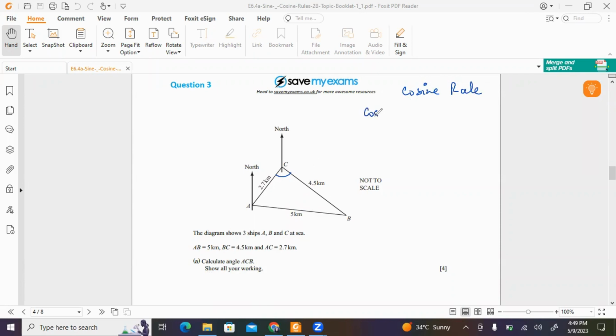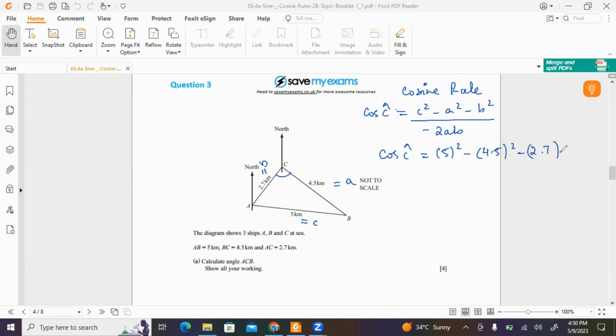we'll do cos C equals c squared minus a squared minus b squared over negative 2ab. Plug in the values. C is 5, a is 4.5, and b is 2.7. So 5 squared minus 4.5 squared minus 2.7 squared divided by negative 2 times 4.5 times 2.7.